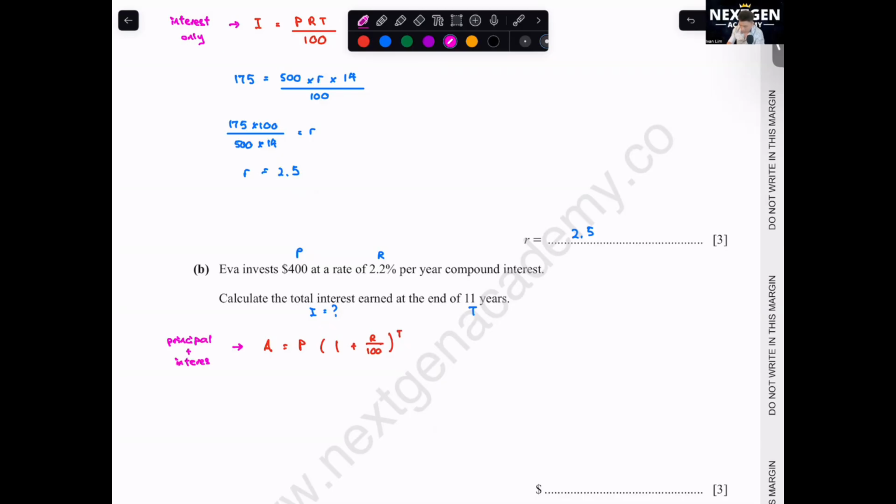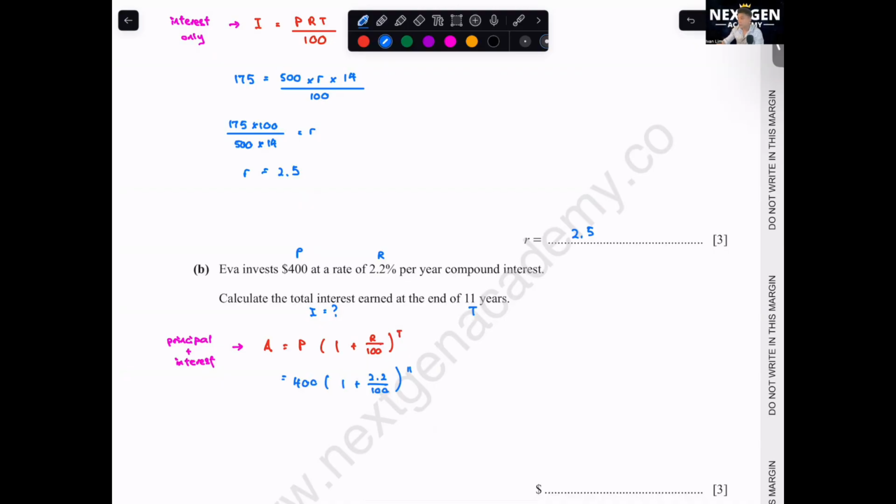The question only wants us to find the interest, so we first find the total amount: 400 times 1 plus 2.2 over 100 to the power of 11.